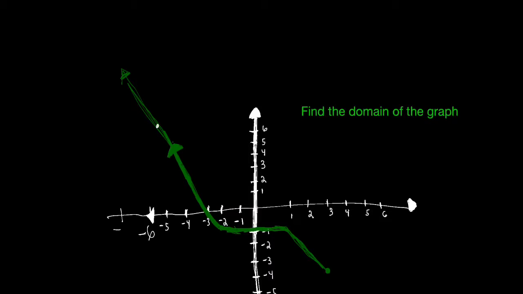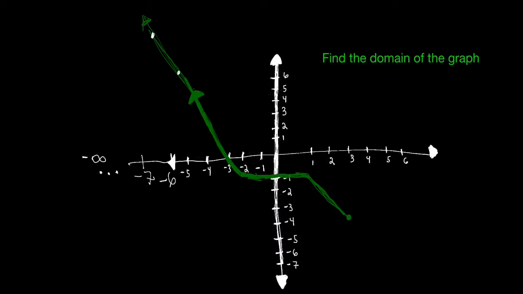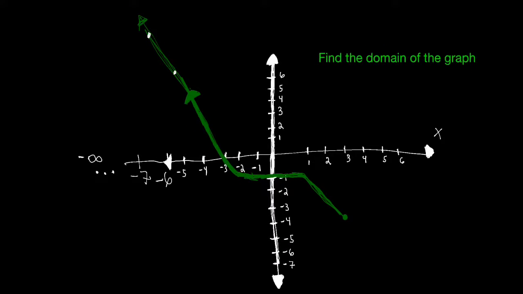Then at -7, it's somewhere around here. And since this keeps going on forever, these values keep getting smaller and smaller, so they're shooting towards -infinity.